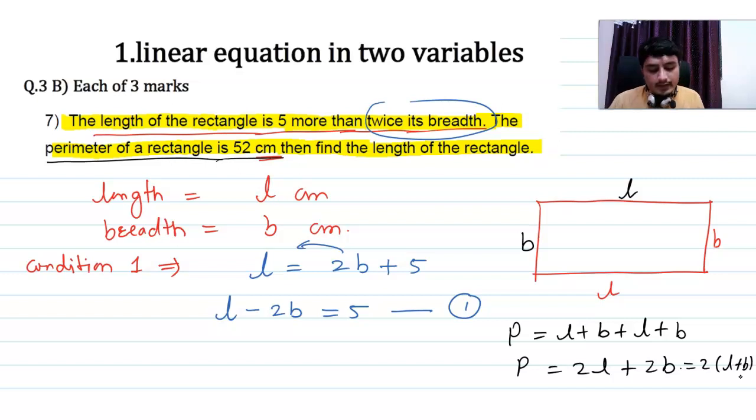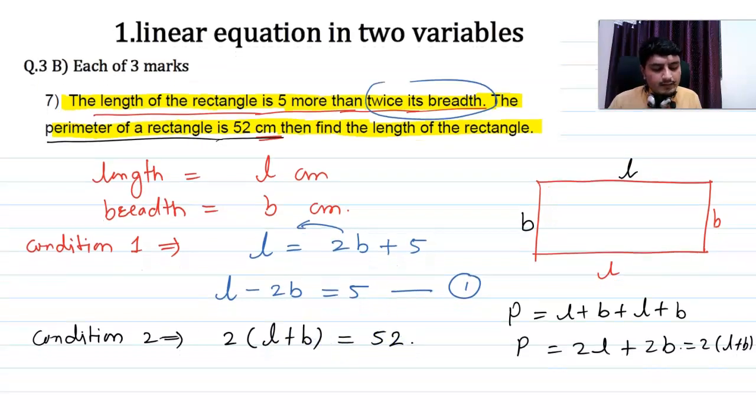As per the second condition, the perimeter of a rectangle is given by 2 times (length plus breadth), which equals 52, as already given.